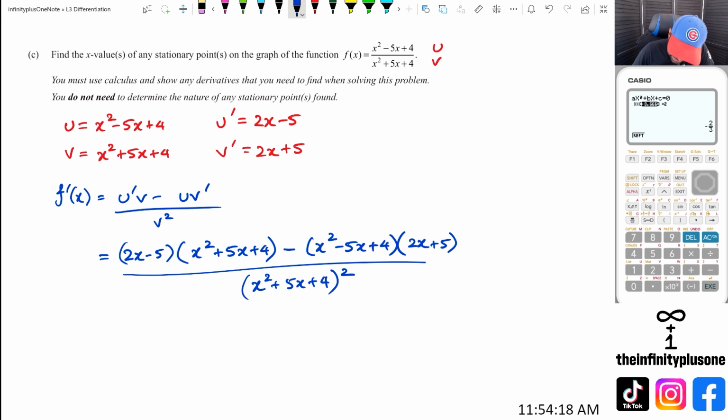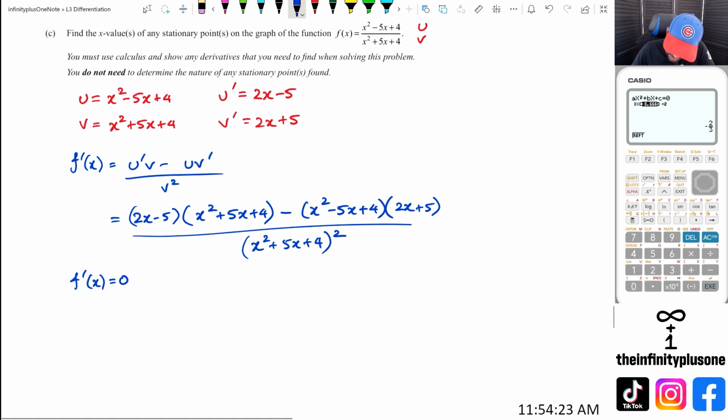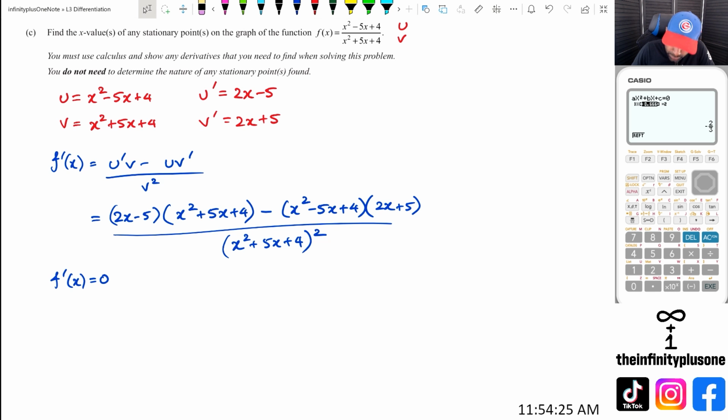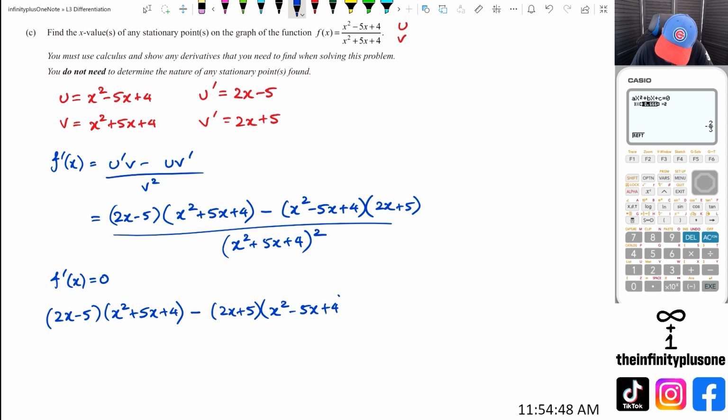All I do know is that for stationary points, f dash of x is equal to 0. So what I can then say is the numerator should equal to 0. So if I do that, I'm going to get 2x minus 5 times x squared plus 5x plus 4. I don't think I can get away from this. I've got to expand this. Minus 2x plus 5 times x squared minus 5x plus 4 is equal to 0.